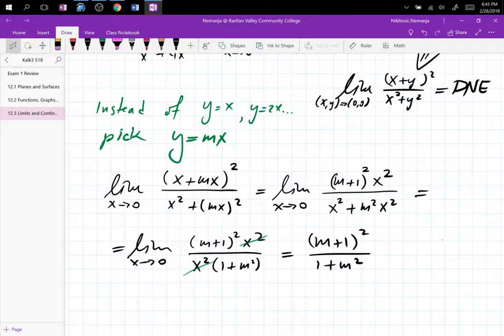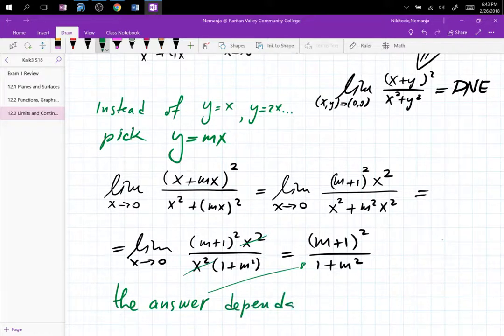So here in green, the answer depends on m, implying the limit does not exist.